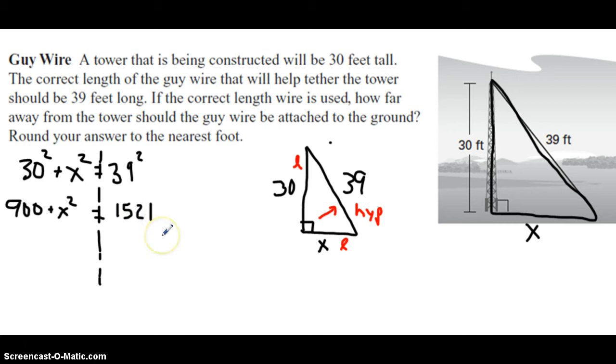And just like solving anything, we are trying to get the variable by itself. So we want to subtract 900 from both sides. On our left side of the equal sign, we still have x squared. That 900 canceled out.